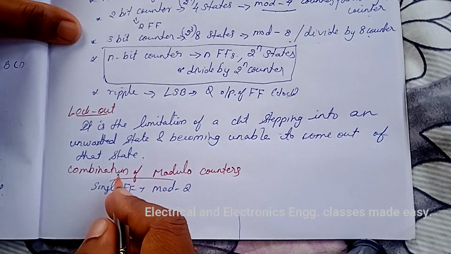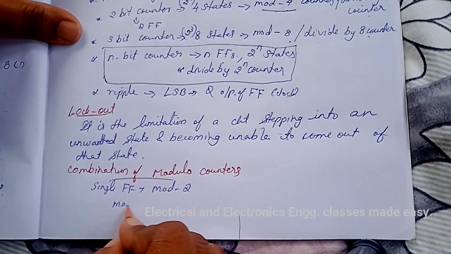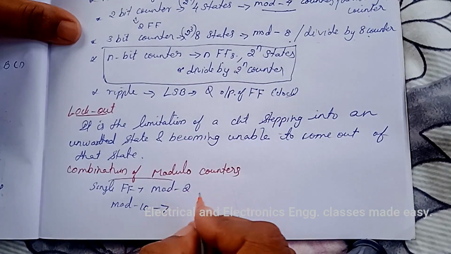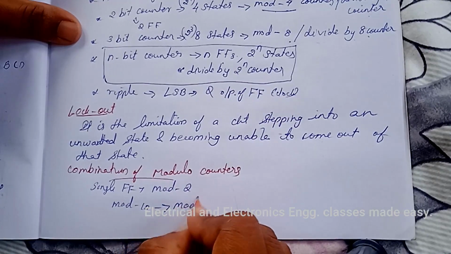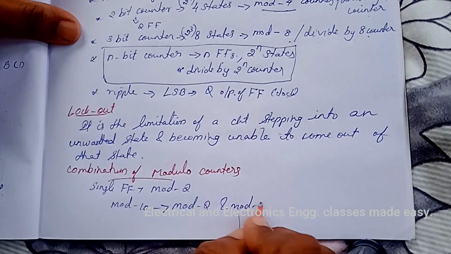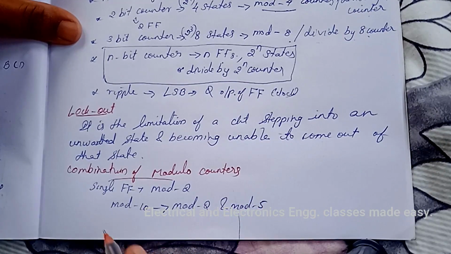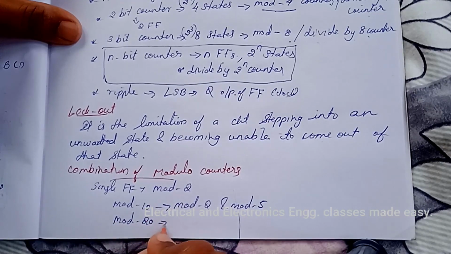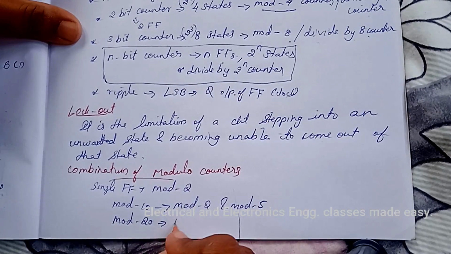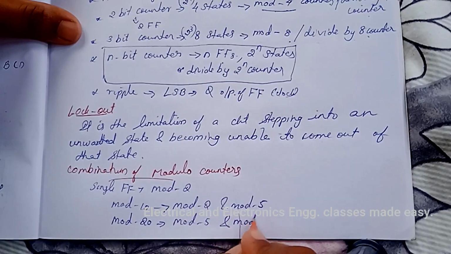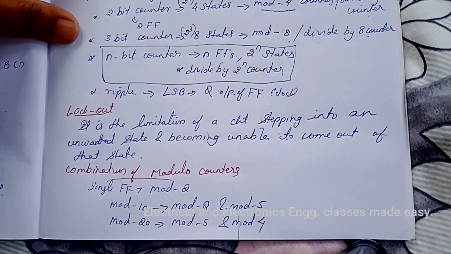For example, to get a mod 10 counter, we can combine a mod 2 counter and a mod 5 counter. Similarly, to get a mod 20 counter, we can combine a mod 5 counter and a mod 4 counter, like that.